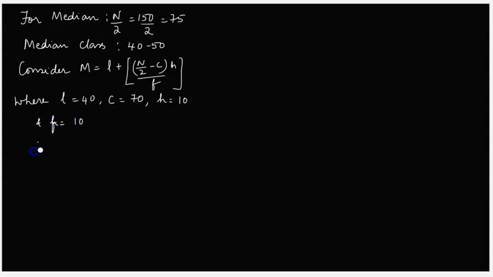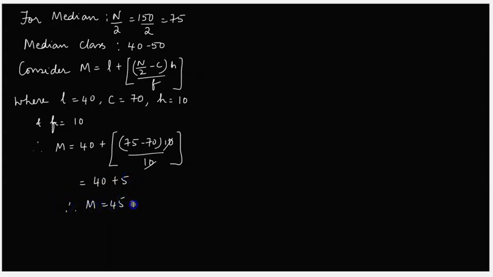So substituting, you'll get M is equal to 40 plus (75 minus 70) into 10 divided by 10. So the 10s will get cancelled. This is equal to 40 plus 5. So you get median is equal to 45 marks.